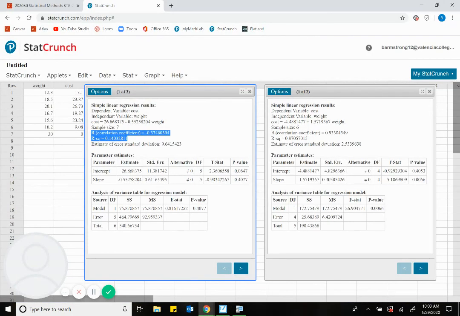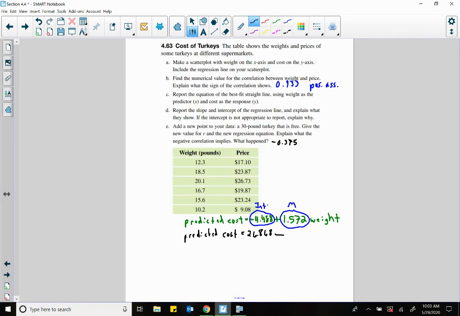And it tells us that the slope is 0.553 weight.